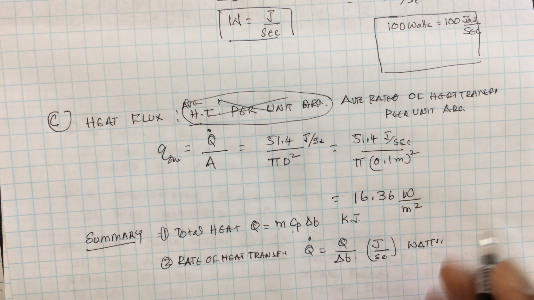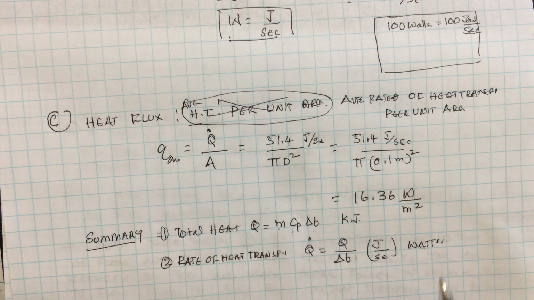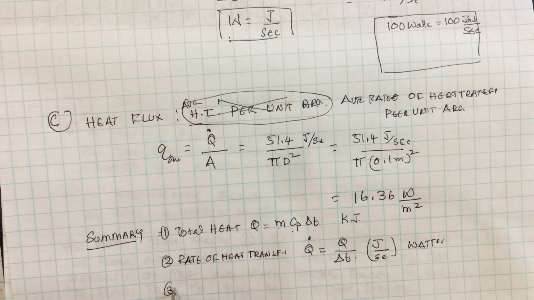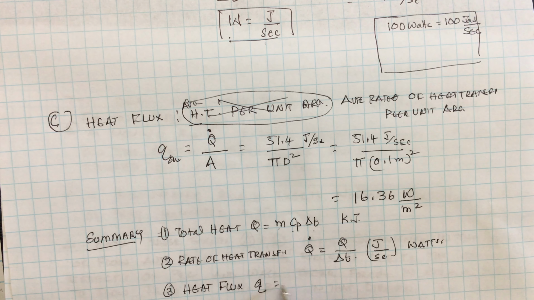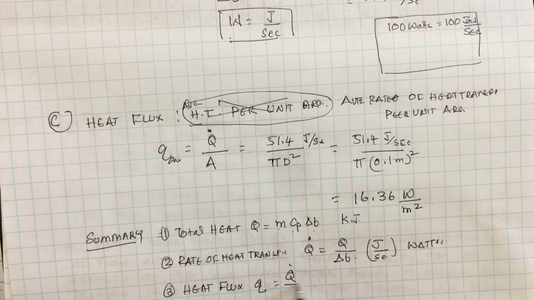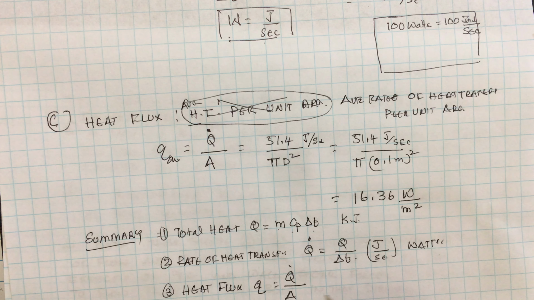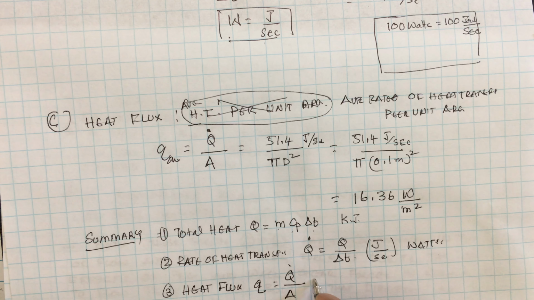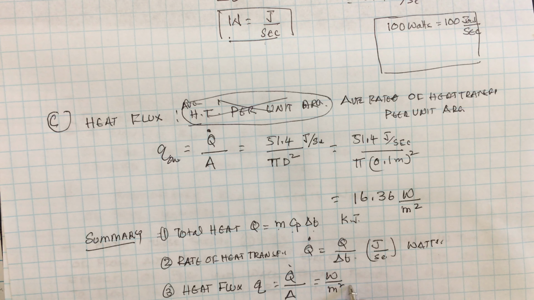Remember what I told you: the formula for the watts is joules per second, so you just convert it. And the last portion is heat flux. What is heat flux? Small q is Q dot, the average rate of heat transfer, divided by area. Area is in meters squared, so the unit for this one is watts per meter squared.